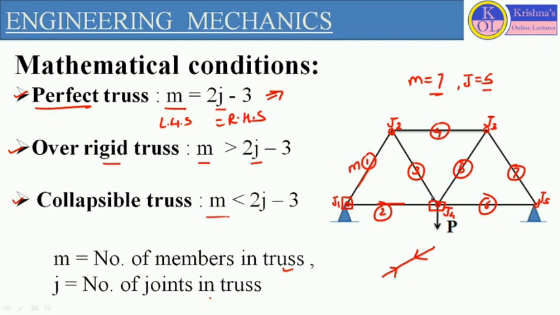That deformation is restricted by these members or the assembly of members. So the external loading is distributed over different members in the form of tensile load or compressive load. If at this particular point we consider an external load P, this P is distributed over the different members which are joined together, and in each member we consider tensile or compressive loading.